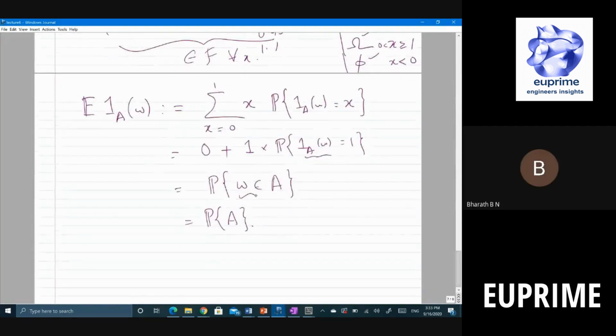Whenever this event happens, this will be 1. This will be 1 whenever this event happens. So both are equivalent, right? This is nothing but probability of A, the chances of A to occur. Any questions? You should be very clear on these things, because I'm going to use some of these left and right later on. So if you have any doubts, please ask now.